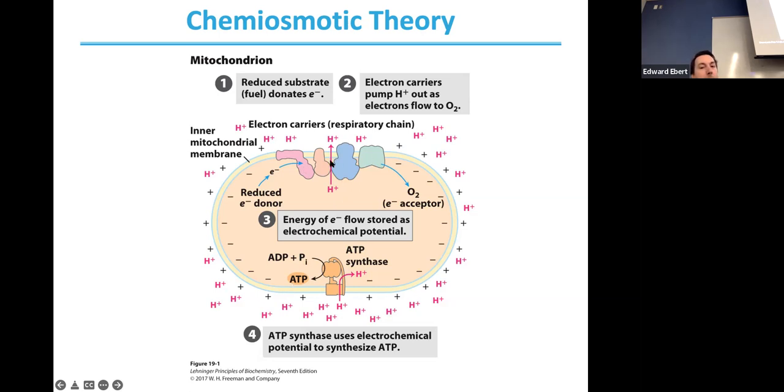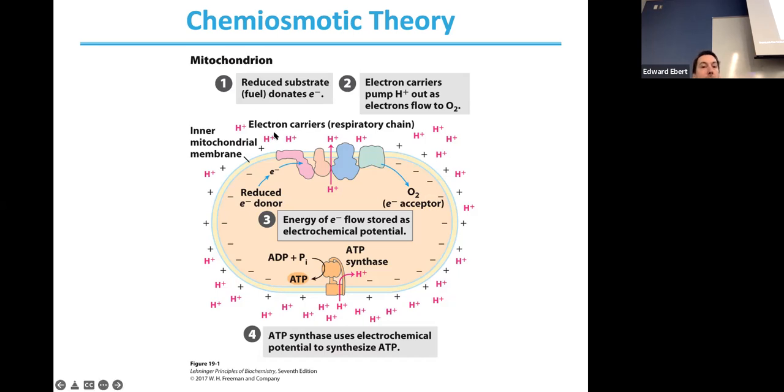These 4 complexes are making a chemiosmotic gradient in here, an electrochemical gradient. Why is it an electrochemical gradient? First of all, we have a higher concentration of H's in that intermembrane space than we do in the matrix space, so they want to flow down from concentration.